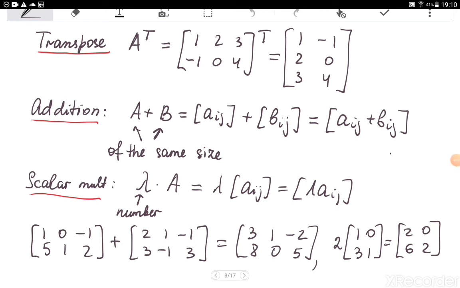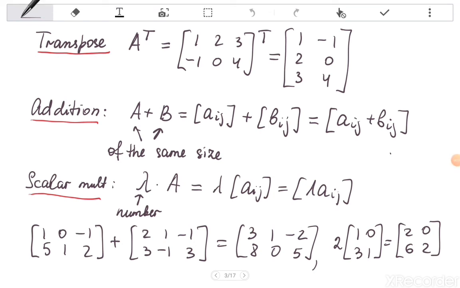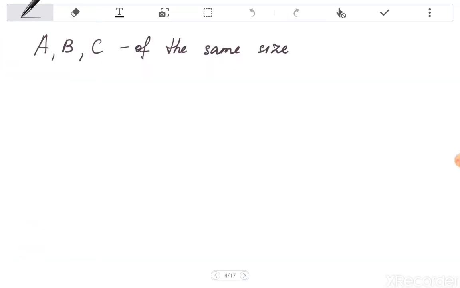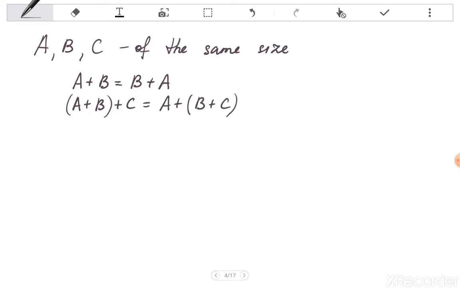These two operations, addition and scalar multiplication, satisfy the following properties. Let now A, B, and C be three matrices of the same size. Then addition is a commutative operation, meaning we can change the order of A and B when we sum them. Also we have associativity for addition, so it means that we can put brackets as we want.